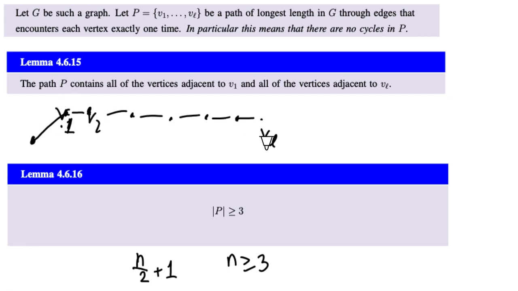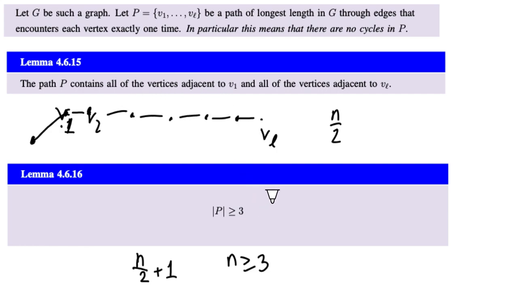We just made the path bigger, and we're only hitting each vertex one time. That's a contradiction. So any adjacent vertices have to be in the path itself somewhere along the way, all of them. And we know that there's at least n over 2 of them. So a lot of these vertices are adjacent to V1, and a lot of them are adjacent to VL as well. We're going to look at that in a minute.